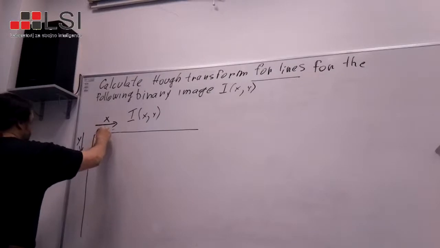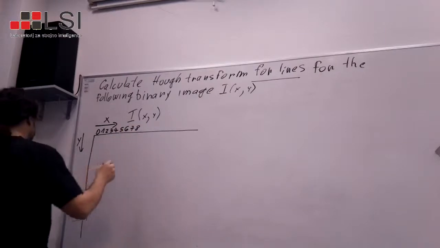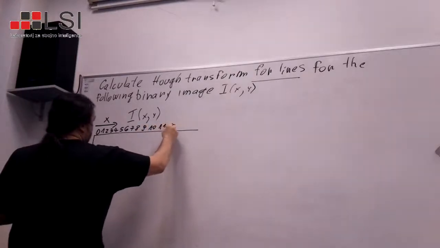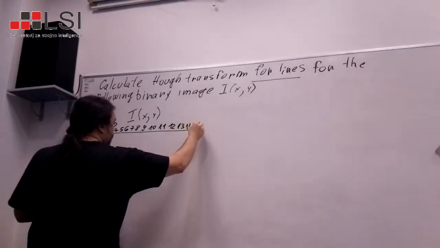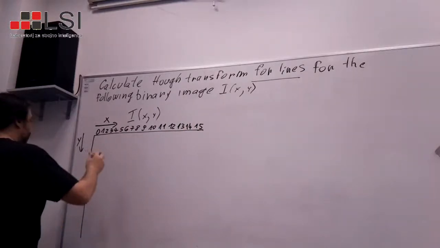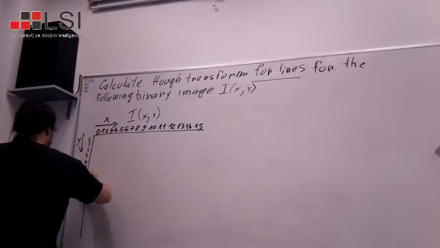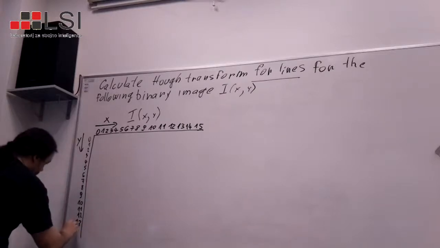So here we have columns: 0, 1, 2, 3, 4, 5, 6, 7, 8, 9, 10, 11, 12, 13, 14, 15. And here we have rows now: 0, 1, 2, 3, 4, 5, 6, 7, 8, 9, 10, 11, 12, 13, 14, 15.